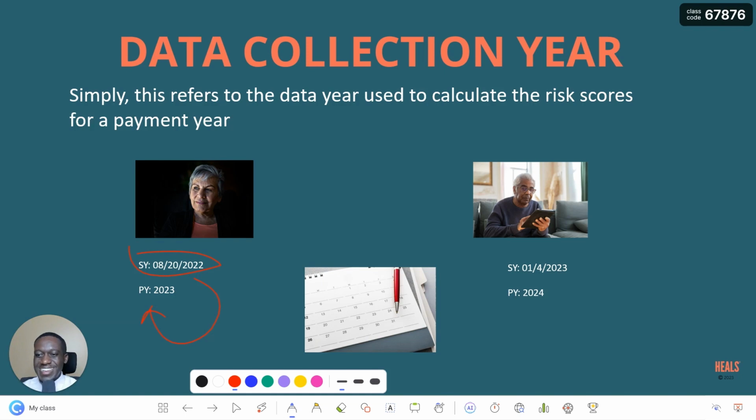I'm going to say it again. The data collection year for payment year 2023 is 2022, meaning that the data used to calculate 2023 payment is 2022 date of service. And therefore, 2022 is the data collection year for payment year 2023. I hope this is making sense.